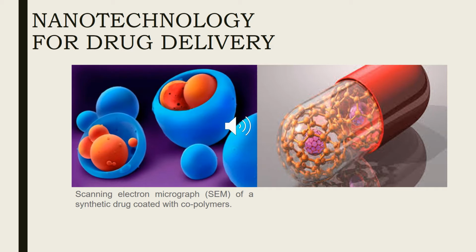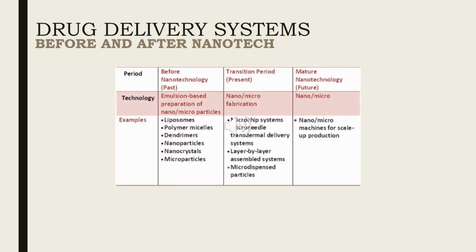Drug release is from diffusion, degradation, swelling, and affinity based mechanisms. To appreciate the true meaning of nanotechnology in drug delivery, it may be beneficial to classify drug delivery systems based on the time period representing before and after the nanotechnology revolution.